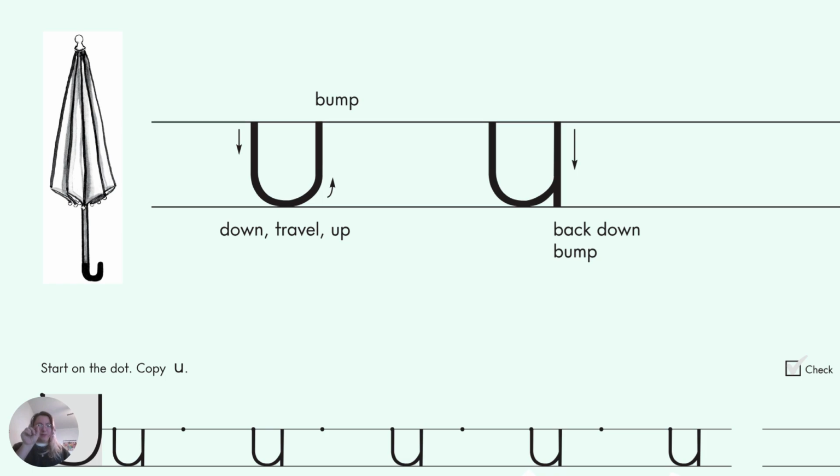Start at your halfway point underneath your line, travel down, bump up, and then bump back down. Good. Give it another try. Start in the middle line, down, travel up, down, bump. One more time. Down, travel up, bump down. U.